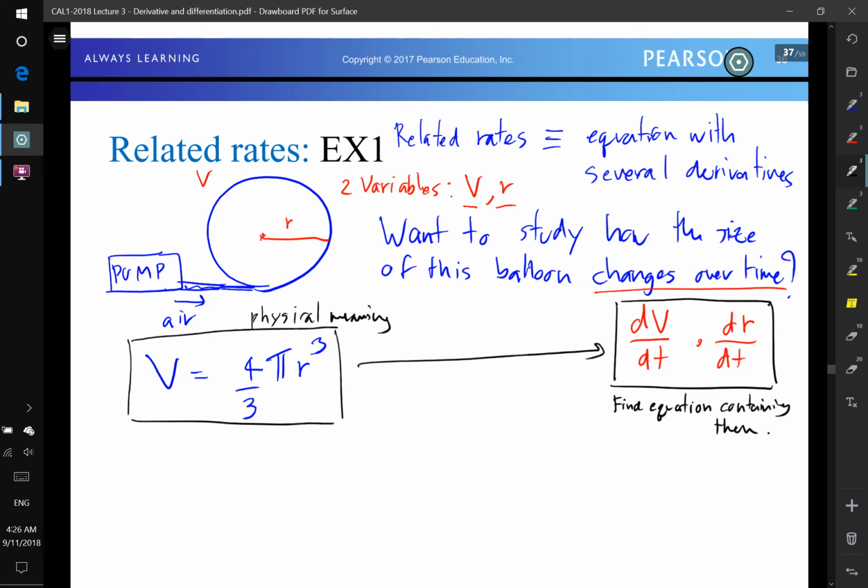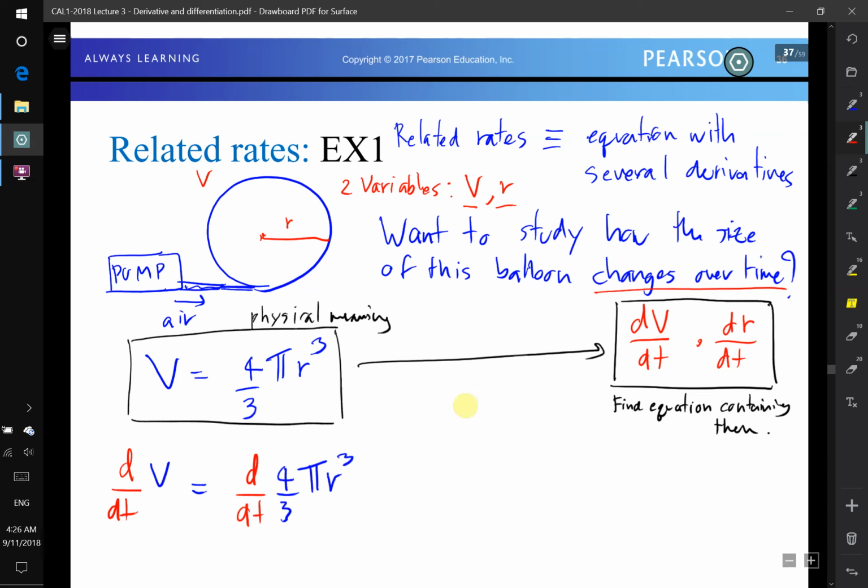It's not so simple. We are going to have to rely on a technique that we learned last week, which is implicit differentiation. If you remember, to do that we are supposed to take the derivative of both sides with respect to time. So the right side stays the same, 4/3 pi r cubed.